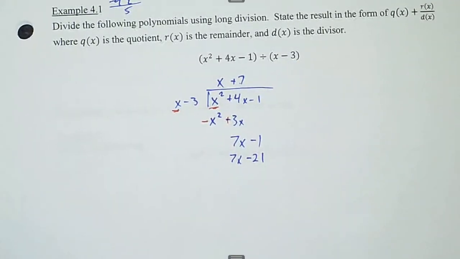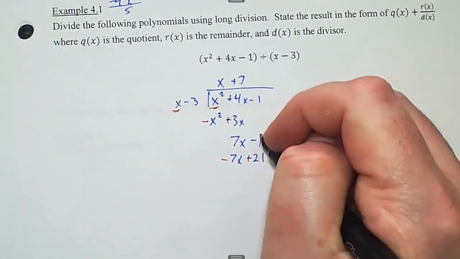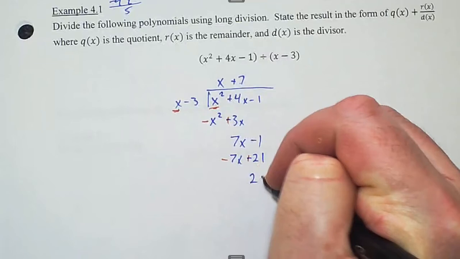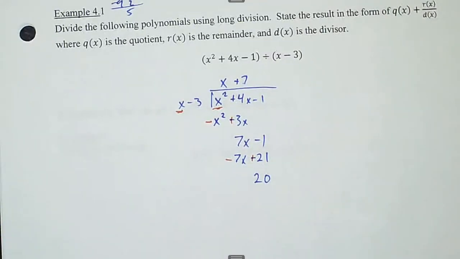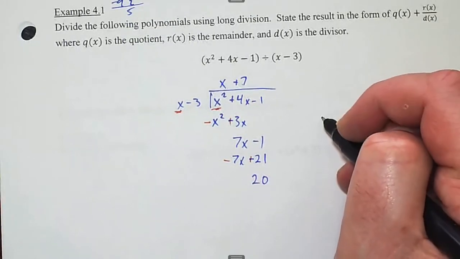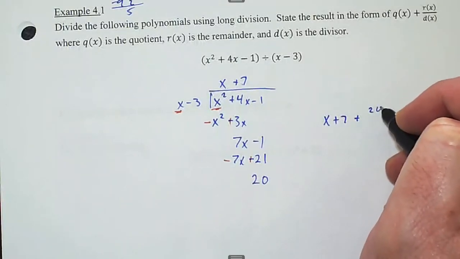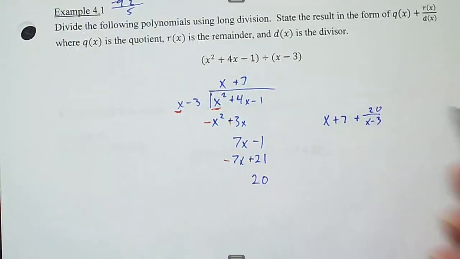But we need to subtract that, which is most easily done by just changing the signs. The 7x cancel, and negative 1 plus 21 is 20. Now x does not go into 20. Right? So we've got our answer. The answer is x plus 7 plus the remainder over the divisor. And there we have it.